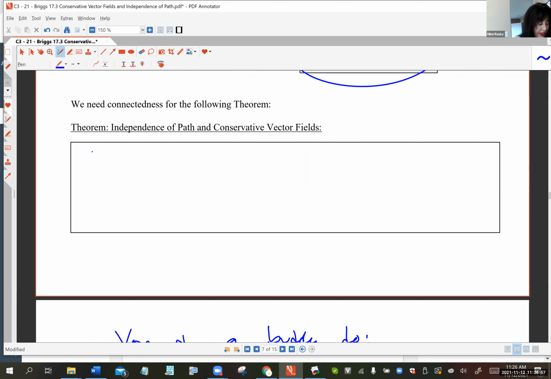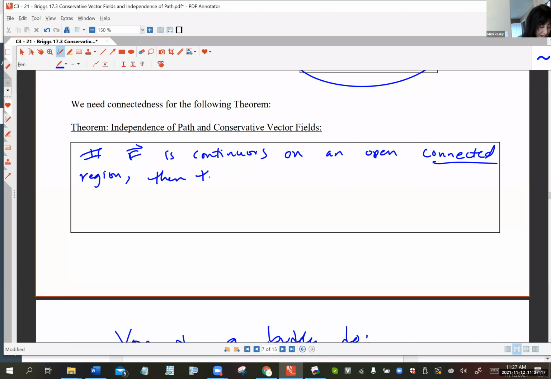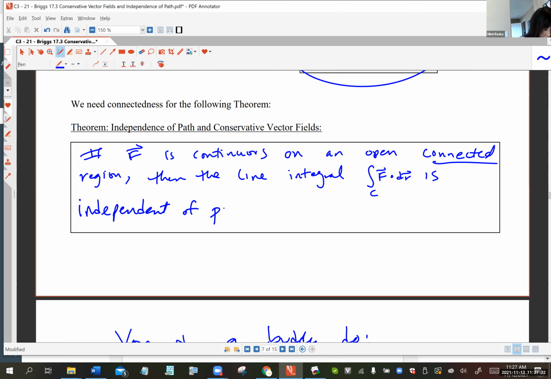So here's what it says. It says if the vector field F is continuous on an open, connected region, there's that new word, connected, then the line integral, and we'll just do this generic line integral over C of F dot dr, is independent of path, IFF.